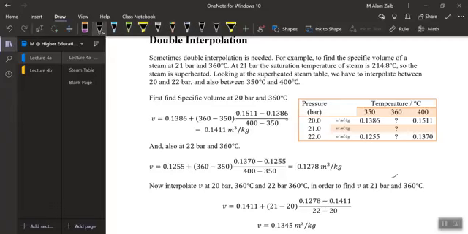I have got a pressure of 20 bar, which is 2.0 megapascal.